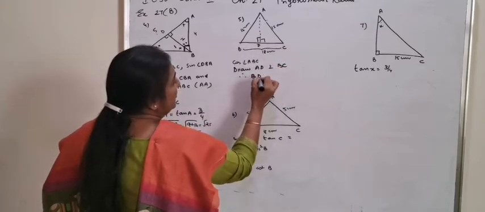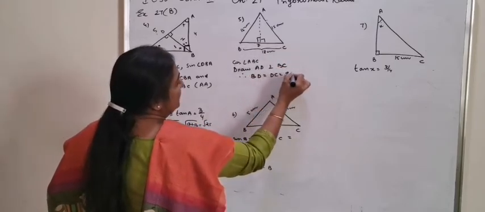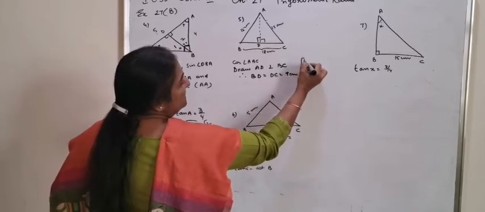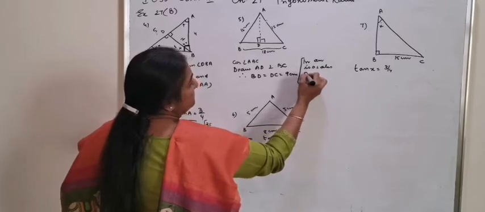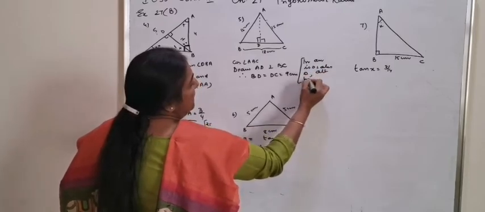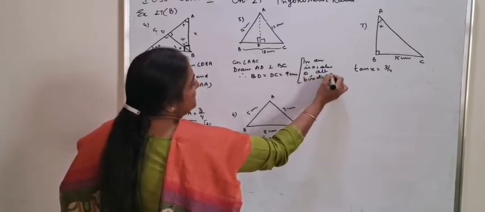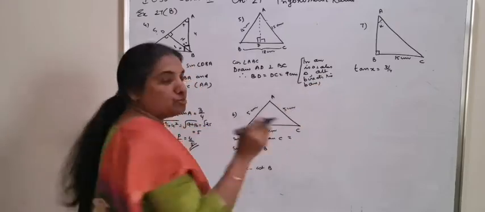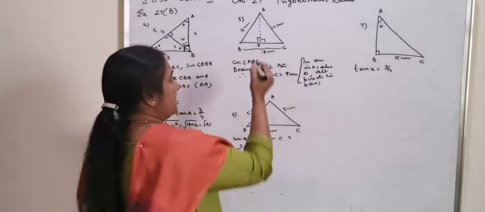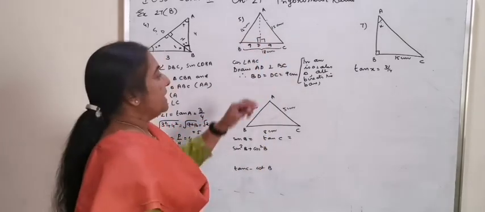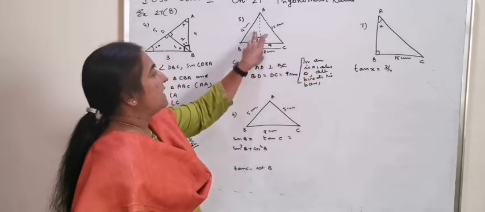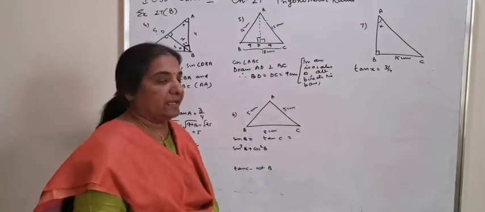Therefore, immediately BD equal to DC is equal to 9 centimeters. You can write the reason: in an isosceles triangle, the altitude bisects the base. That means it cuts the base into two equal parts. So each part will be 9 centimeters. And this property is always derived with the congruence of triangles.